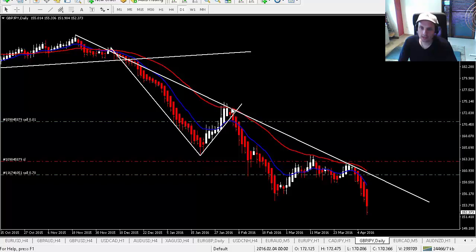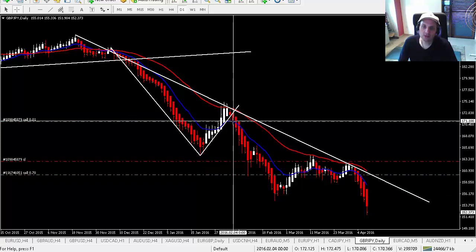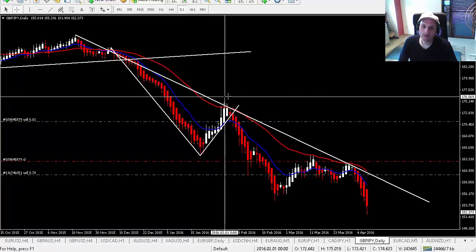And when it moves lower and we get a candle color change, I will not go into all details because we don't have time for that here. Then we have an entry, and we will place our stop above here.